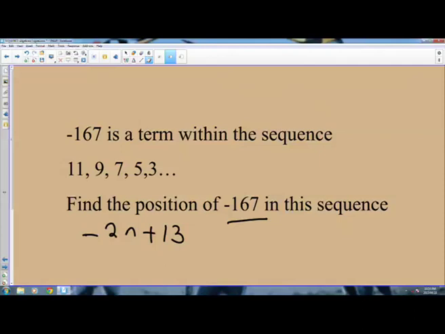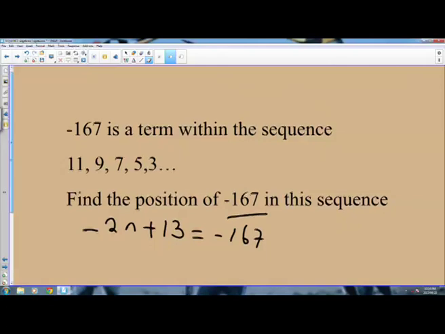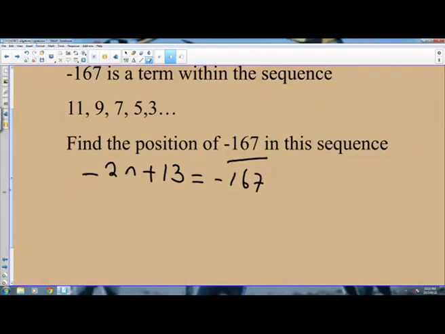So this simply means minus 2n plus 13 is equal to minus 167. And then minus 2n is equal to minus 167 minus 13.